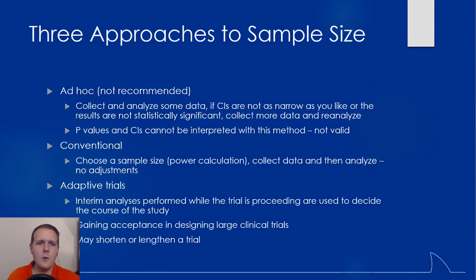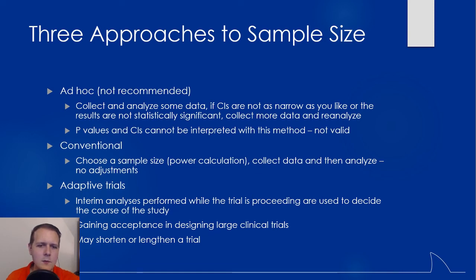There are a couple of different ways you can figure out your sample size. There's an ad hoc approach, which is not necessarily recommended, mainly because you're just collecting data and analyzing it as it comes along, and then as you get more data, you reanalyze it. You tend to find that it's not very valid to run p-values and confidence intervals with this method. More often than not, what we can do is conventionally choose a sample size beforehand.